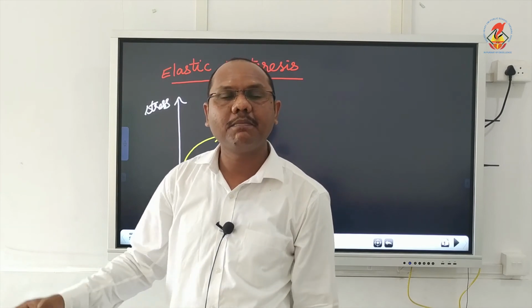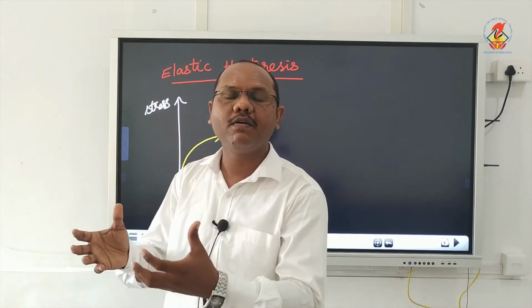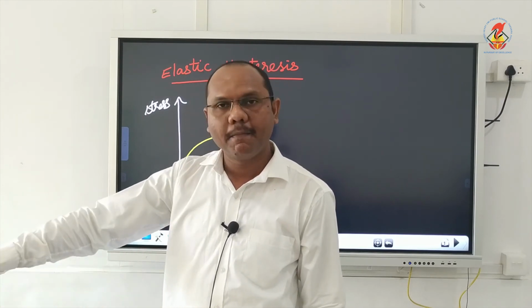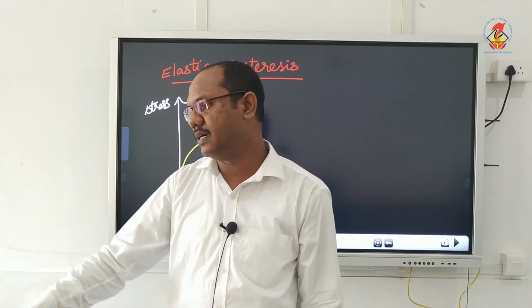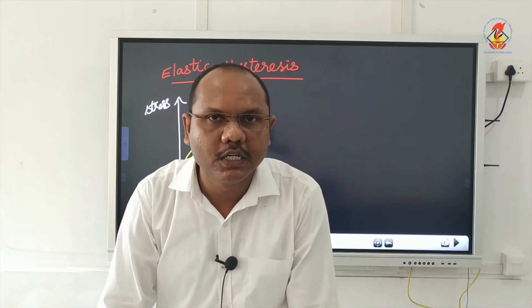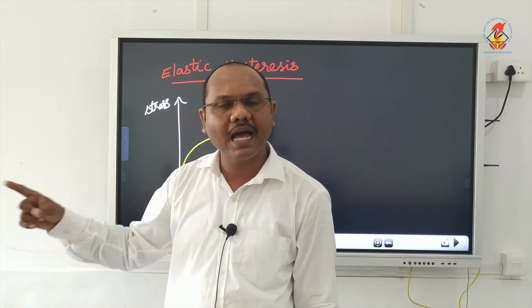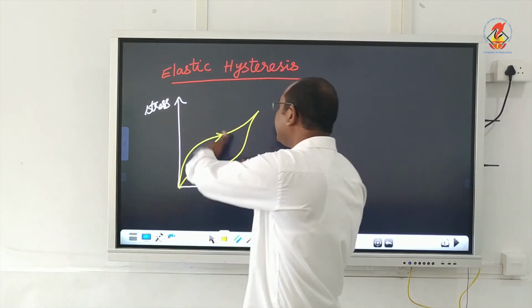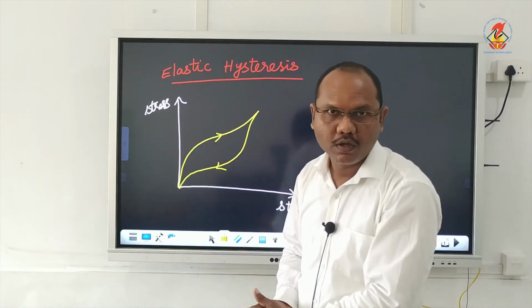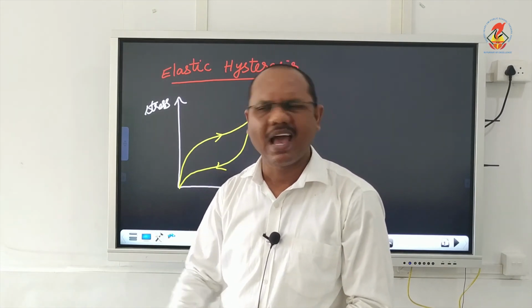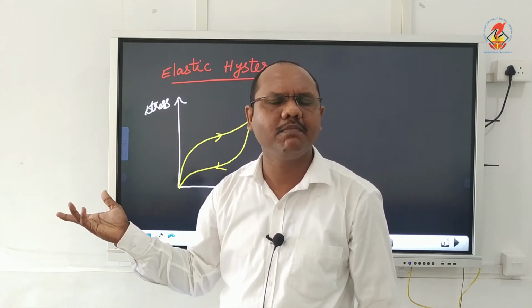This rubber pad can absorb the vibrations of the machinery, thereby preventing the breaking of the floor. So when we select the material, it should have a larger hysteresis loop. Only then can it absorb a large amount of vibration, and that rubber material will get heated up, but nothing will happen.